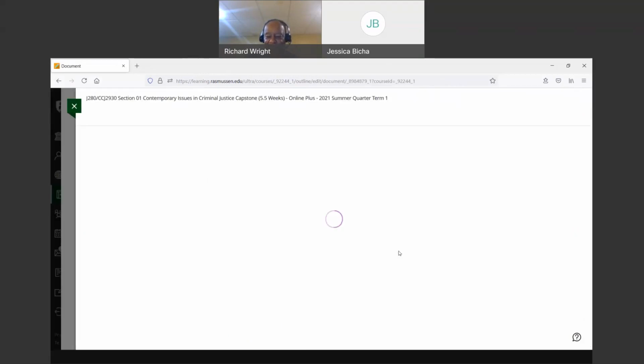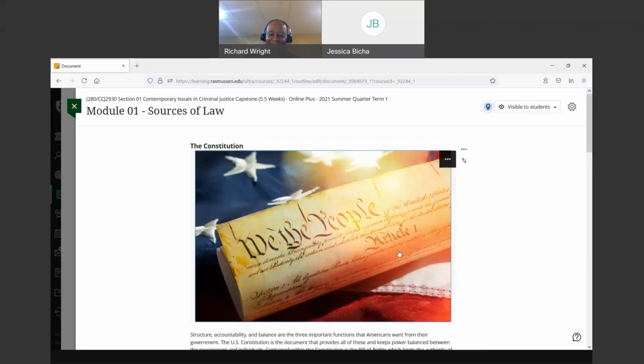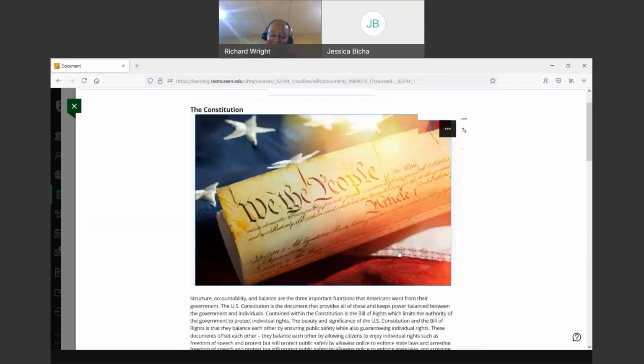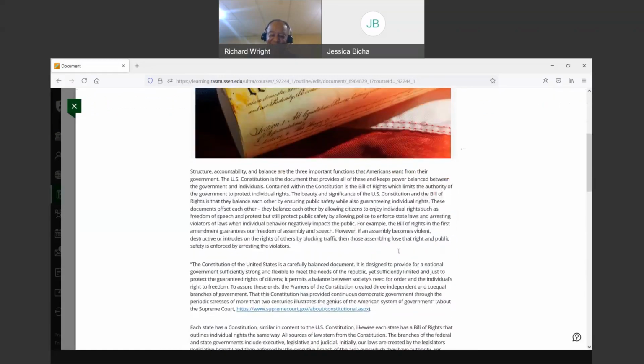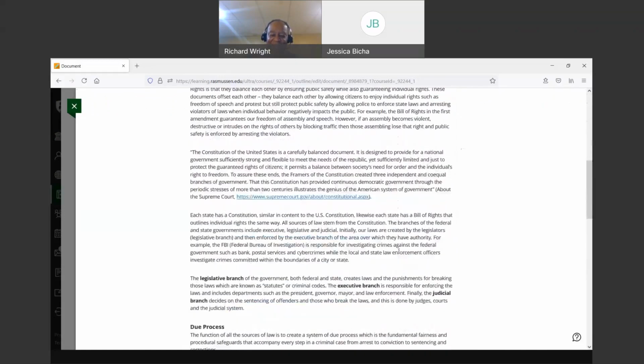Sources of law are the Constitution of the United States, which lays out the three tiers: the executive, which consists of the president and maybe law enforcement, the governor, mayor, and so forth. It tells you the legislative branch, which consists of the House and the Senate.